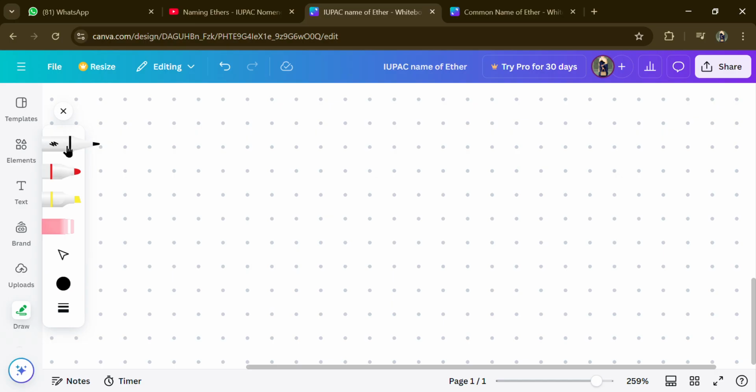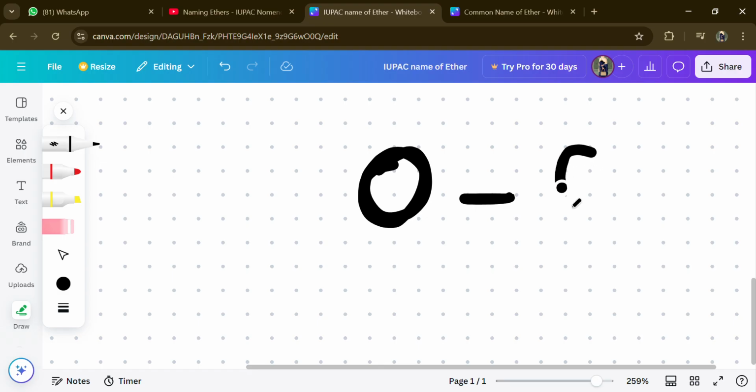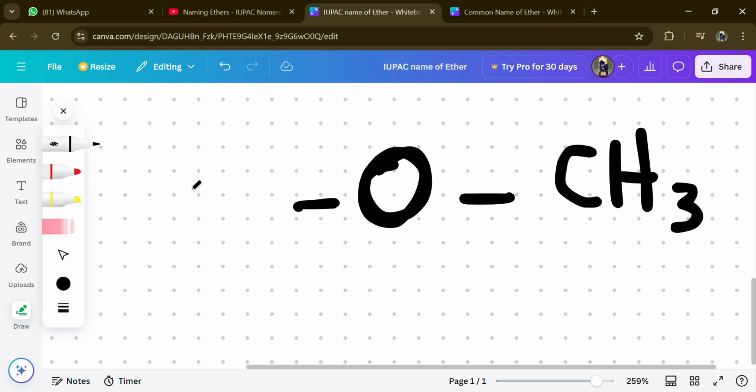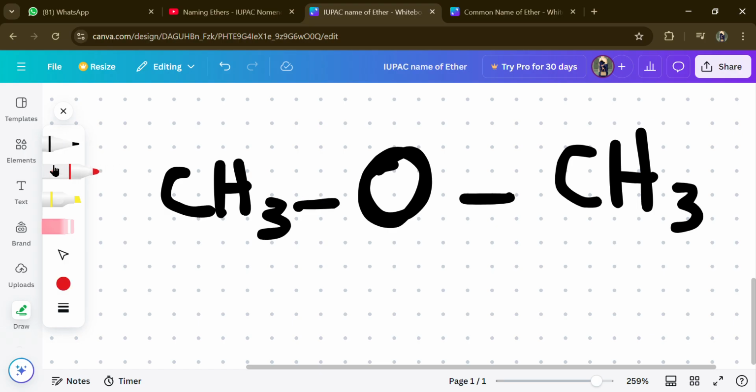First, what is ether? We have one oxygen in the center, one functional group on the left hand side, let's consider this as methyl, and one functional group on this side. Now how will you do its common name?